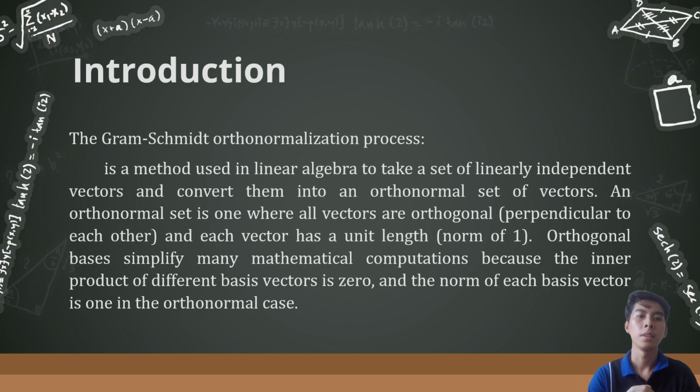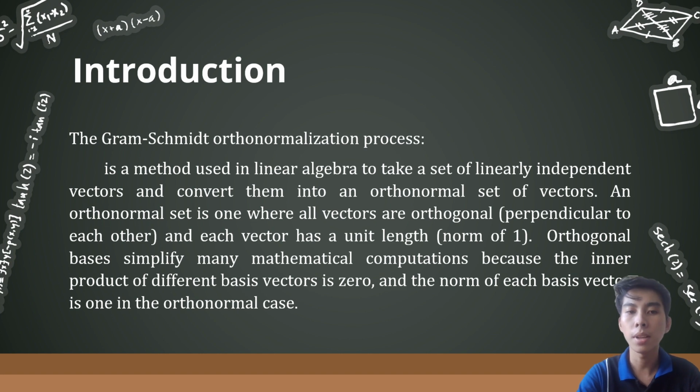What is the Gram-Schmidt orthonormalization process? It is a method used in linear algebra to take a set of linearly independent vectors and convert them into an orthonormal set of vectors.